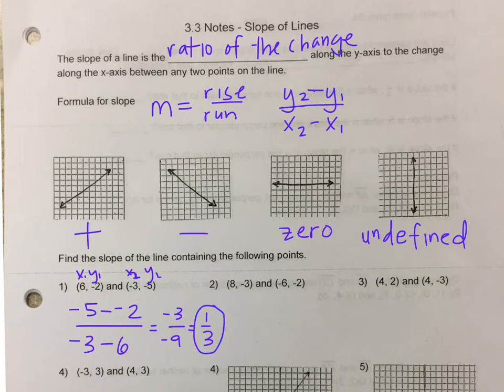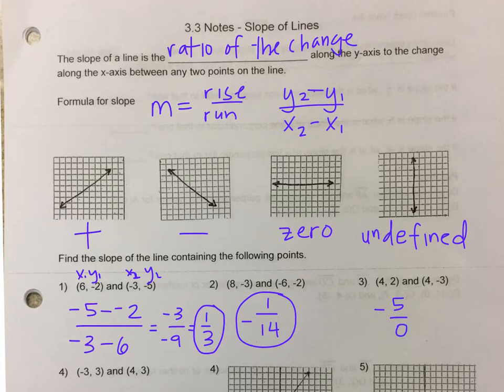We've done this before, so I'm assuming you can work the rest of these out. If you worked number 2 out, your slope would be negative 1 over 14, and that would be a negative slope. If you work number 3 out, you would get negative 5 over 0.